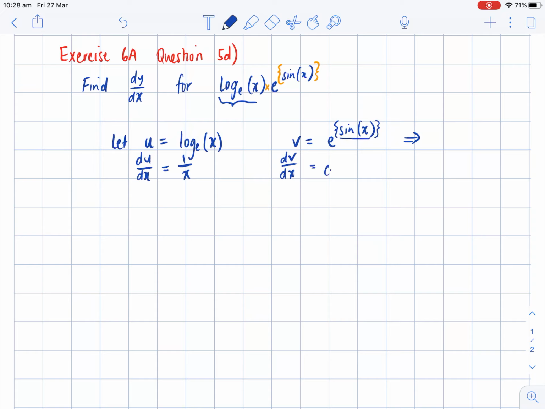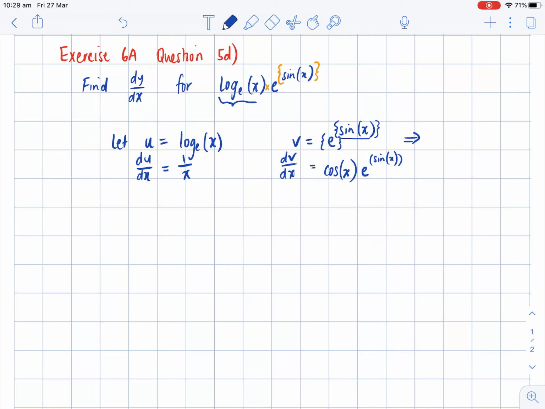So the derivative of sine x is cos x, and then times by the derivative of the outside function, and then the outside function in my mind is e to the x, so I'd get e to the whatever I had before, and then I simply put back whatever was there previously. So that's the derivative of e to the sine x.